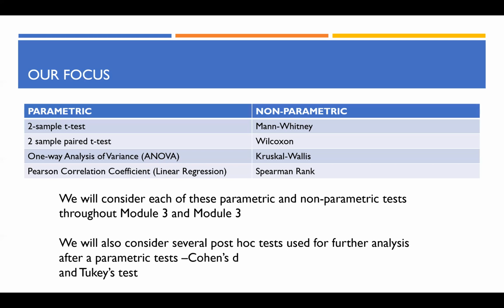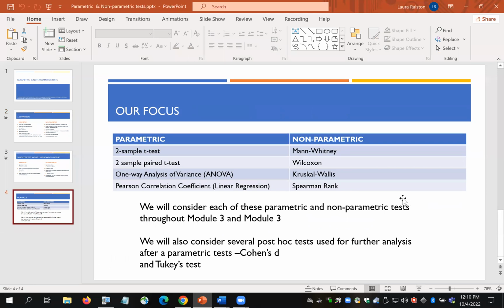Now again, those are not all of the non-parametric tests that exist. Those are not all the parametric ones that exist. Those are some of the ones that we're going to be focusing on throughout module 3 and module 4. I see a typo there too. We're also going to consider in module 3 a couple of what we call post hoc tests. Once you've completed your initial analysis and you want to go one step further or two steps further, there are some additional tests that we can do.